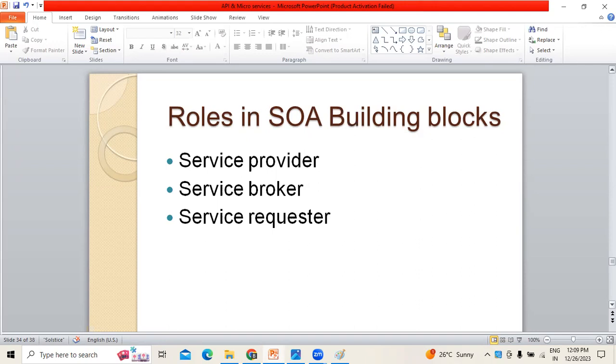Understood? Right? So these are the roles involved in service-oriented architecture building blocks. One is the service provider, which works in conjunction with the service registry. At the same time, the service broker makes information available regarding the availability of services.